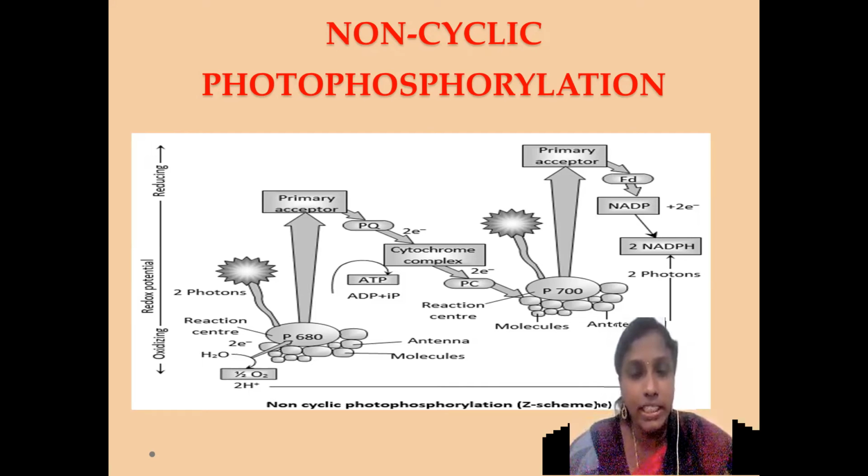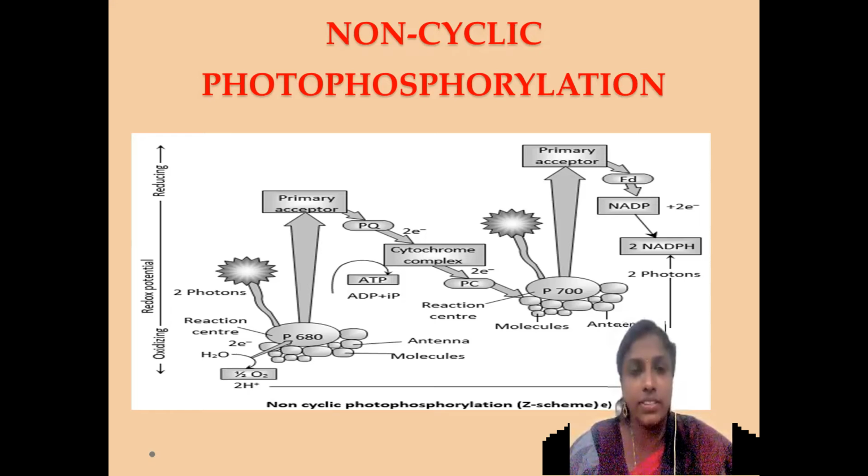When the electron is moving in a downhill direction, it forms an energy product which is ATP. The electron moving downhill will be accepted by the second photosystem, that is photosystem 1, and parallelly photosystem 1 also receives the sunlight.